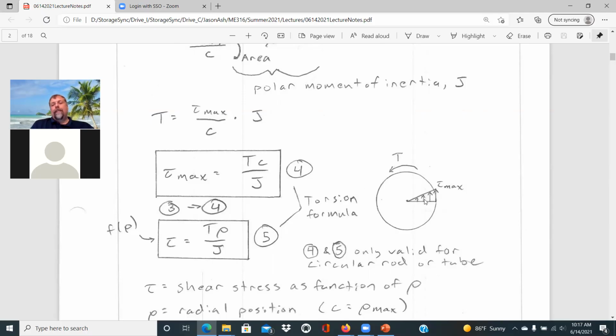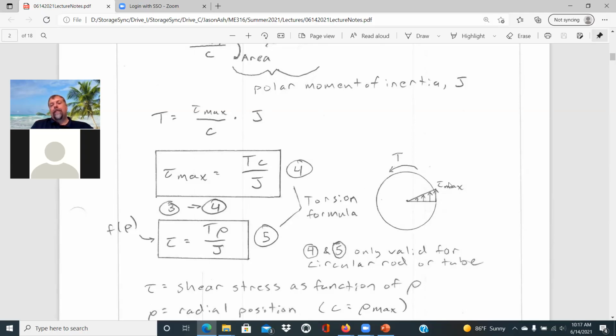But again, this is now a good diagram over here on the right, just showing that linear distribution for a solid circular shaft. A torque is applied. That's just going to cause a twisting motion and a shear stress that develops from 0 at the center of the shaft to a maximum value at the outer edge.